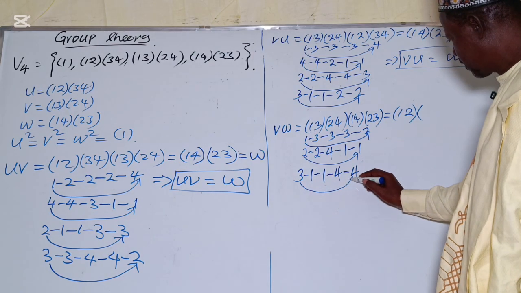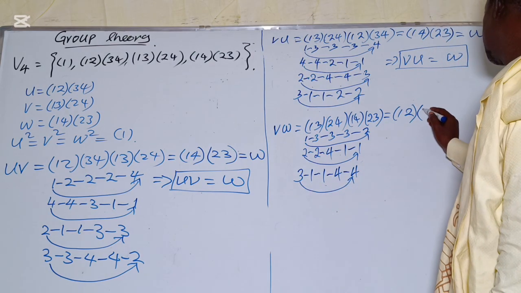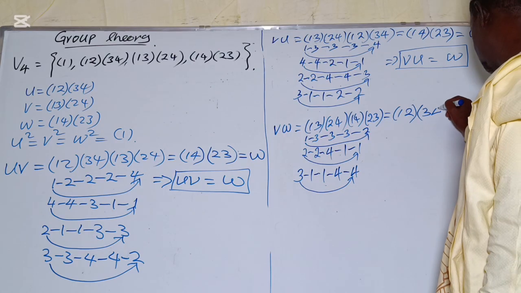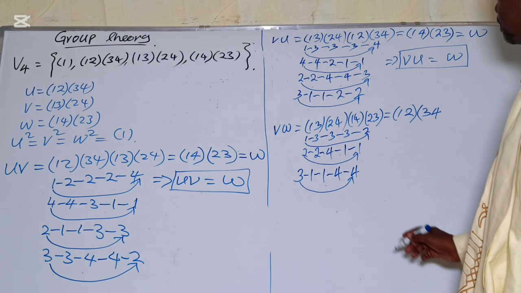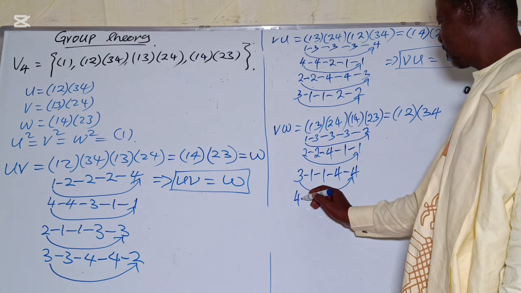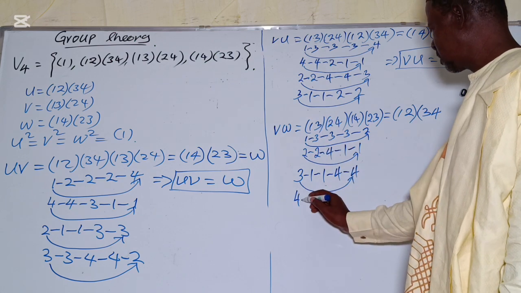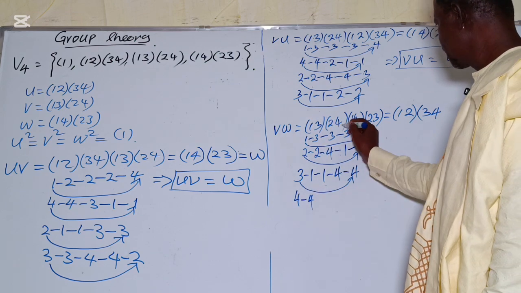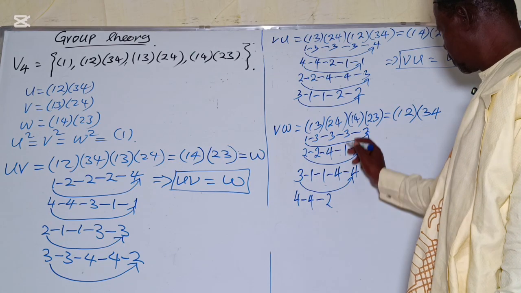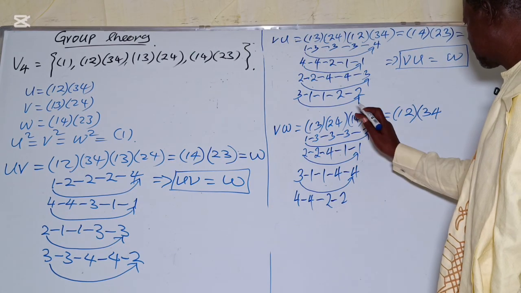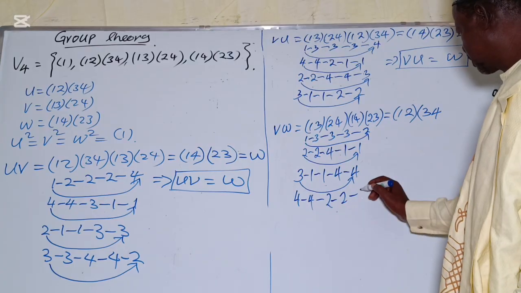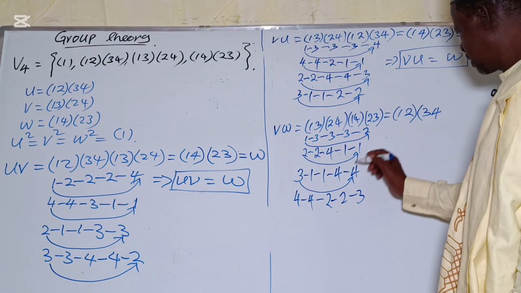So 3 is mapped onto 4. Now where is 4 mapped onto? 4 is fixed in the first cycle. 4 is mapped onto 2 in the second cycle. 2 is fixed in the third cycle, but 2 is mapped onto 3 in the fourth cycle.